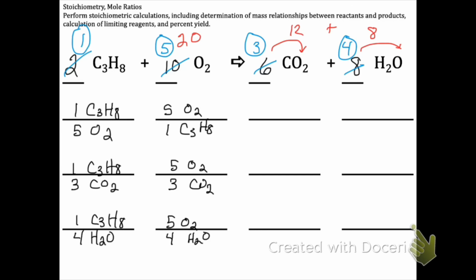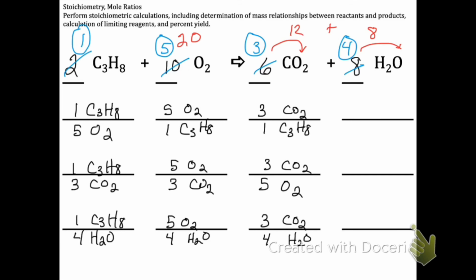Let's look at the products. 3 carbon dioxide would need 1 C3H8. 3 carbon dioxide need 5 oxygen. And then 3 carbon dioxide would form 4 water.